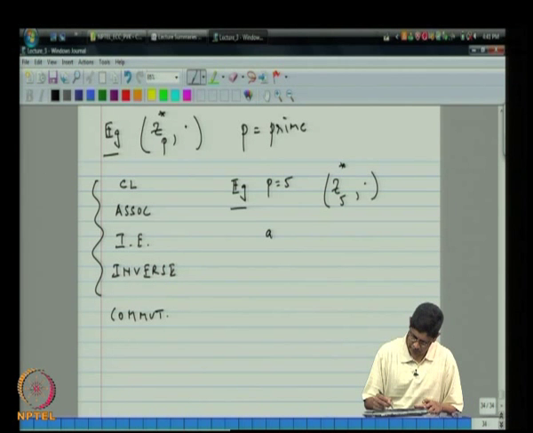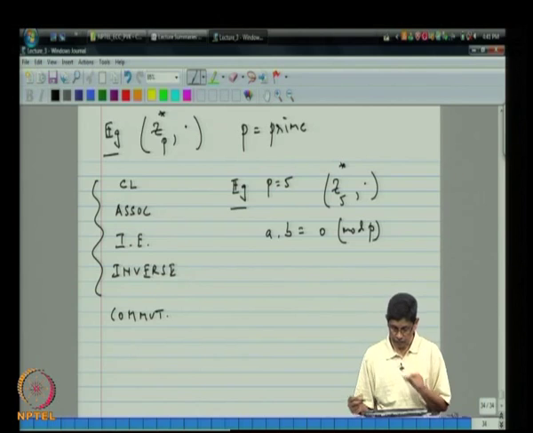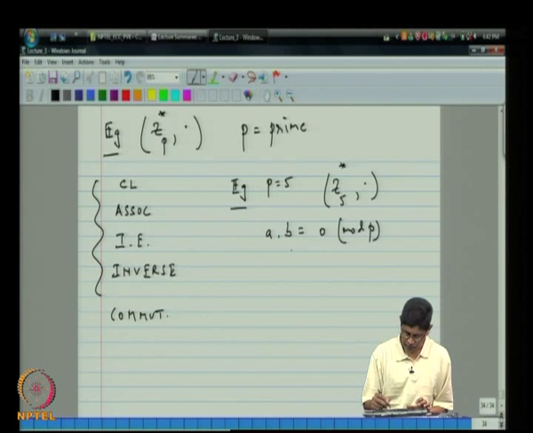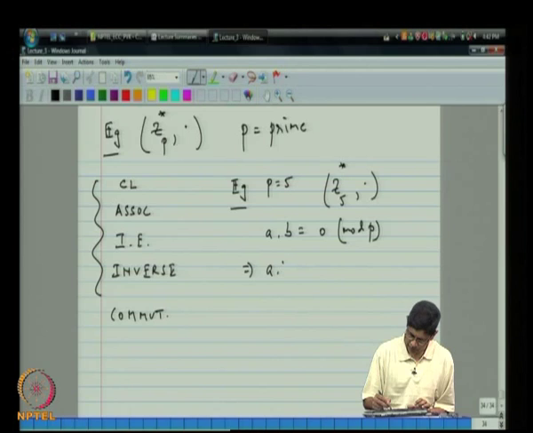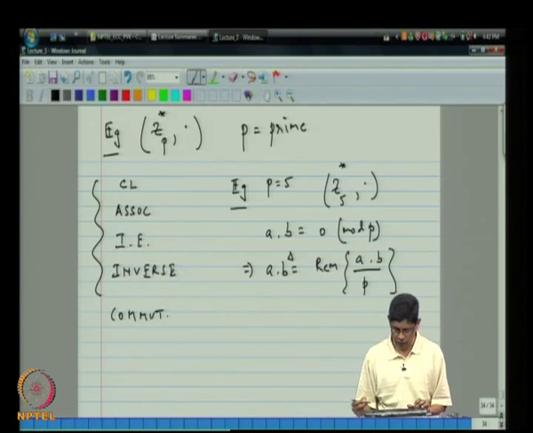So, is it possible that A into B is 0 mod P without either A or B being 0 mod P? But this is clearly impossible, because when you say A into B, what you really mean is the remainder when you multiply A times B and divide by P. Okay, this is how you define it.